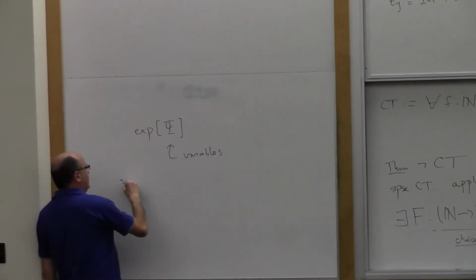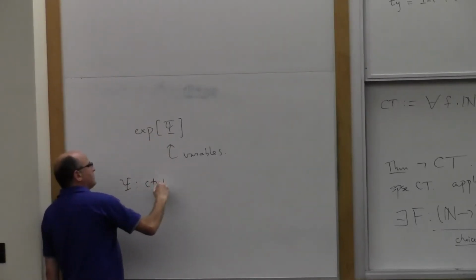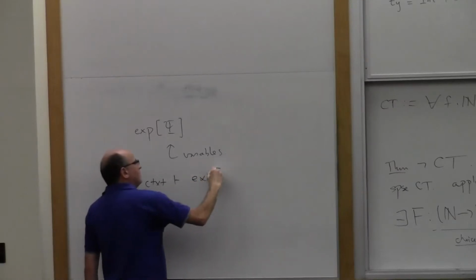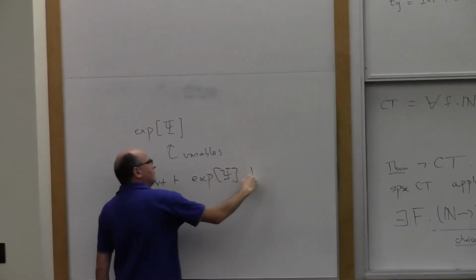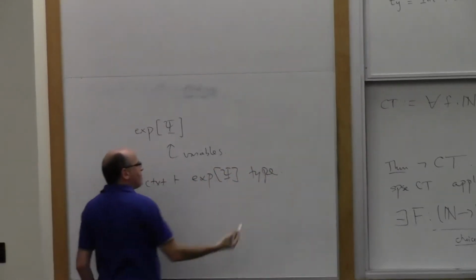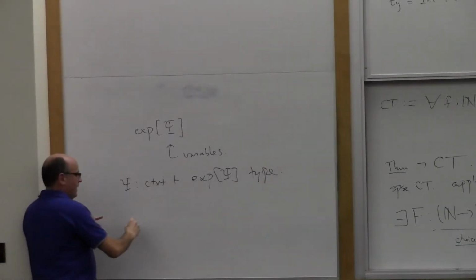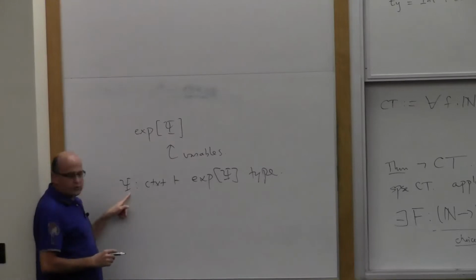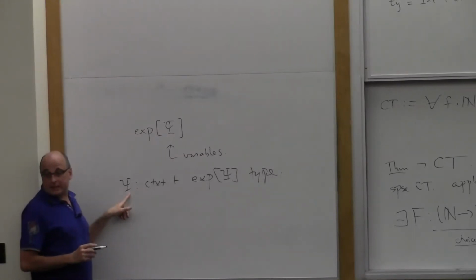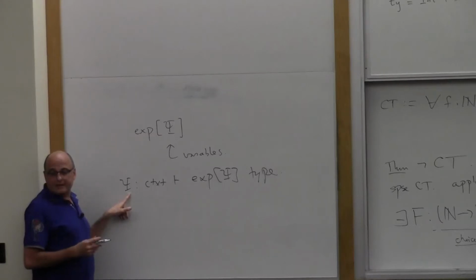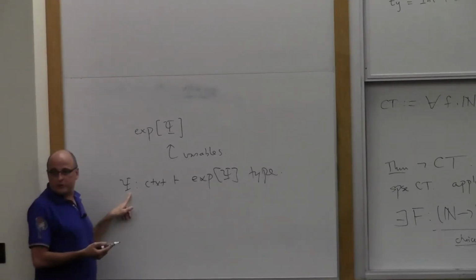So the idea is if psi is a context, then exp of psi is a type. Okay, that's the idea. And where one of our ideas comes in is, you can treat the structural properties of the context, like exchange, as a principle of equivalence between two contexts.